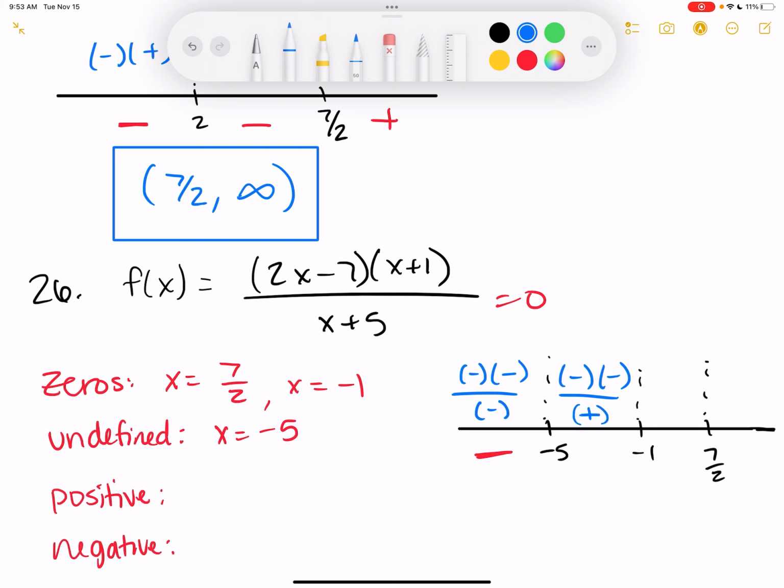So this whole region is positive. The next region's where I have 0, so that's going to be negative, then positive over positive, so that region is negative.